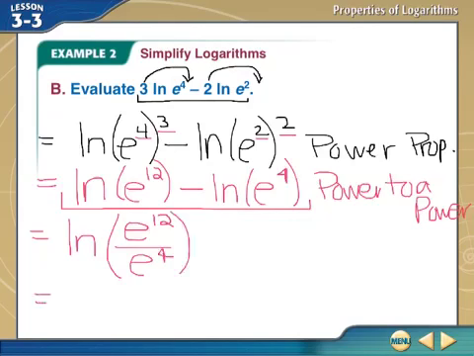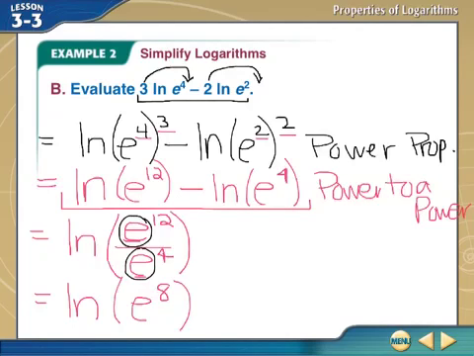Now, I can simplify this even further because e to the 12th and e to the 4th can be simplified because I have the same base here. e to the 12th divided by e to the 4th is really e to the 8th, right? When you have the same base, which we do, base e, and that exponential term is raised to a power on both top and bottom, that's called the difference property because we would subtract our exponents.